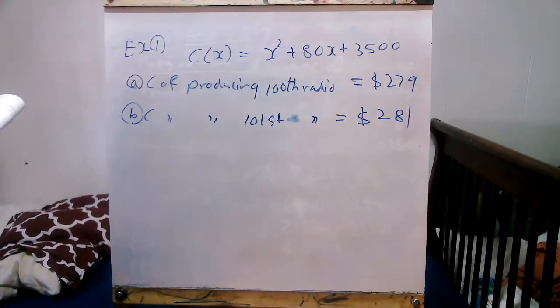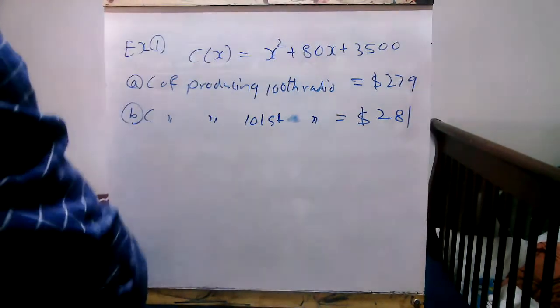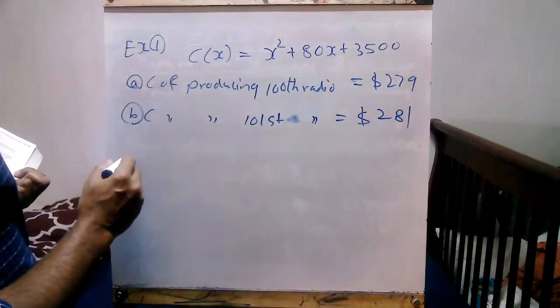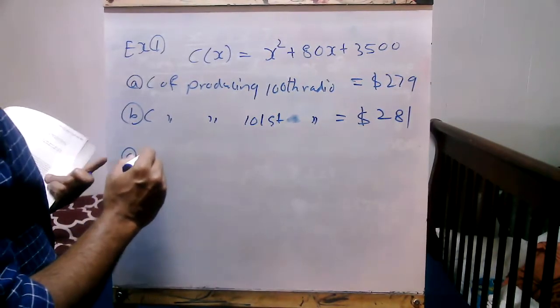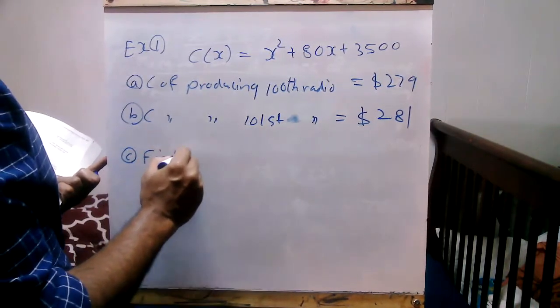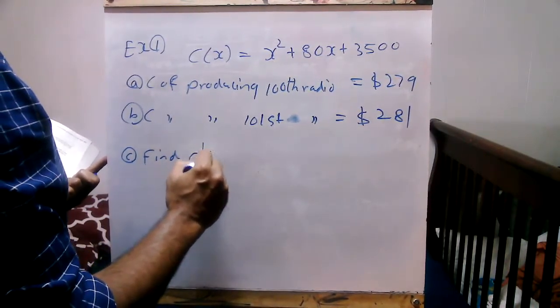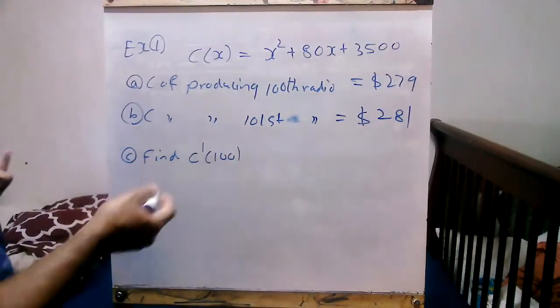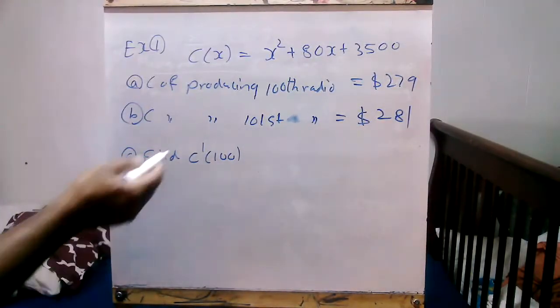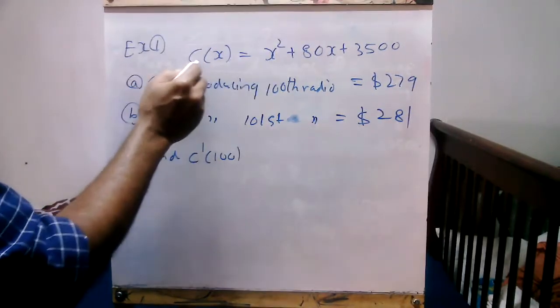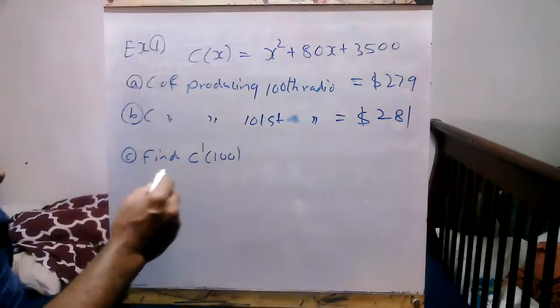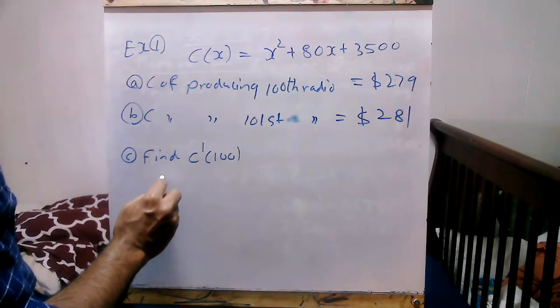Now part B. Find C dash 100. To find C dash 100, first we have to find C dash x. The cost function is given. We can find the derivative of the cost function.